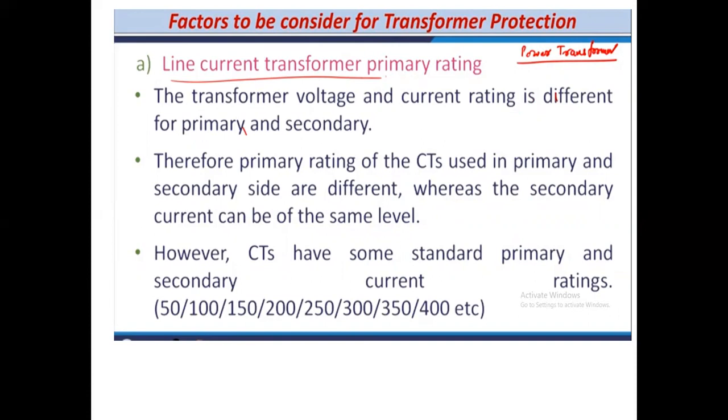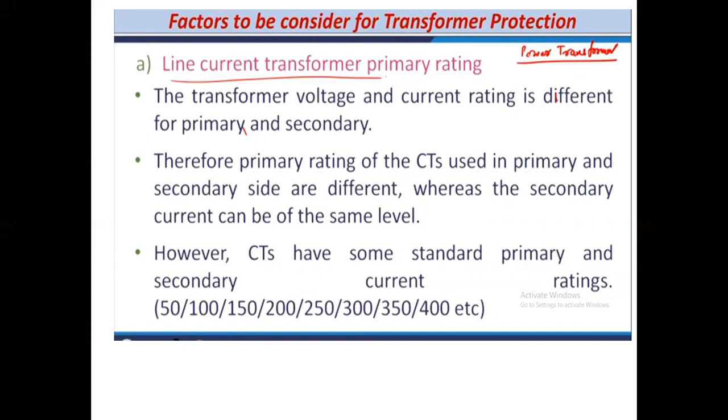If I consider the LV side and HV side, the currents are entirely different, so the CT ratios are also different. Why? Suppose I consider a 220 kV by 132 kV delta star transformer with an MVA rating of 100. Then the currents on the 220 kV side and 132 kV side are different.